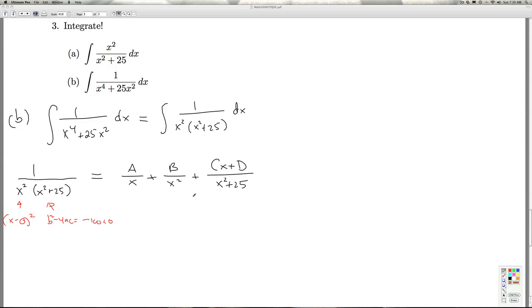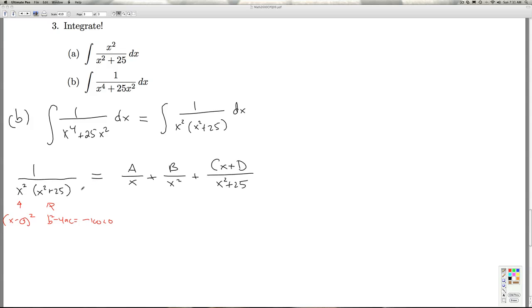Now remember, in the partial fraction decomposition, we're reversing the process of getting a common denominator. So I have to think of what possibilities there are of fractions. What are the possible combinations of denominators that would give me this as the least common denominator? So we have x squared, and x squared plus 25.